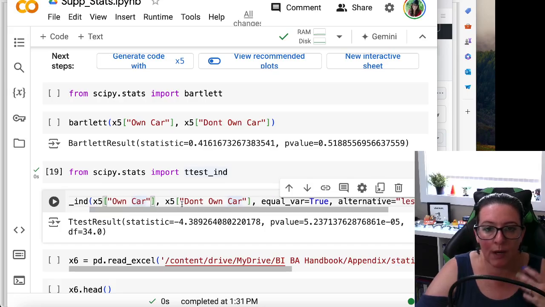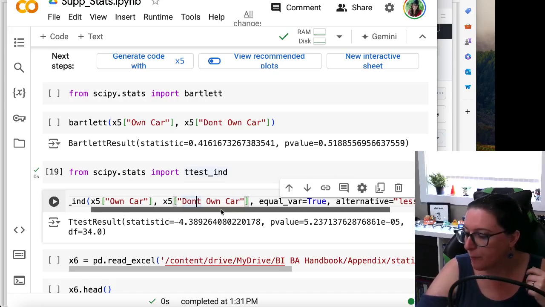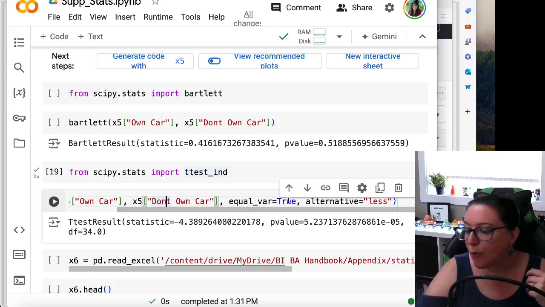And the second one is going to be from X5, don't own a car. Again, no apostrophe there. And then we're going to do equal variance equals true, so we're assuming they have equal variability. And the alternative here is less. The alternative is that own a car is less than don't own a car.